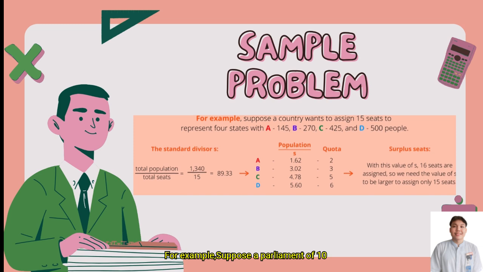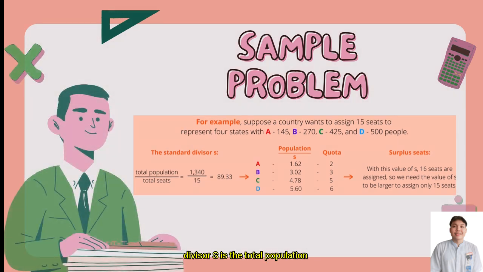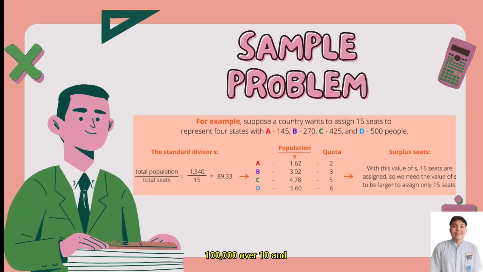For example, suppose a parliament of 10 people is to be elected to represent 4 states, with A having 8,000, B 9,000, C 24,000, and D 59,000 people. The standard divisor S is the total population over total seats, which is 100,000 over 10, and that is equal to 10,000.